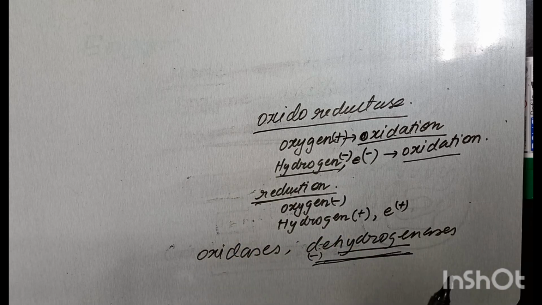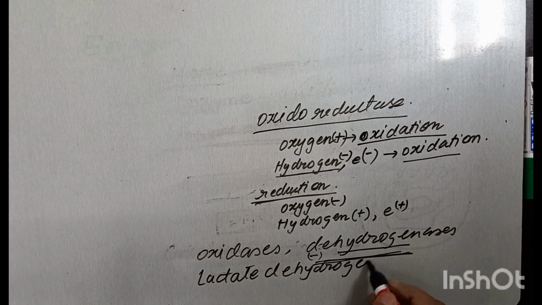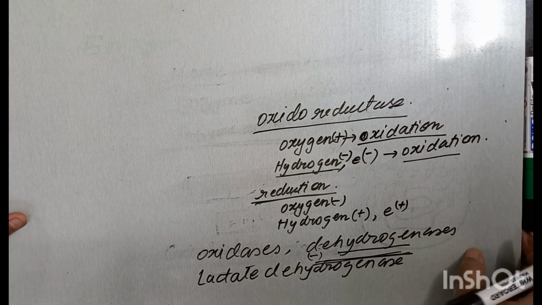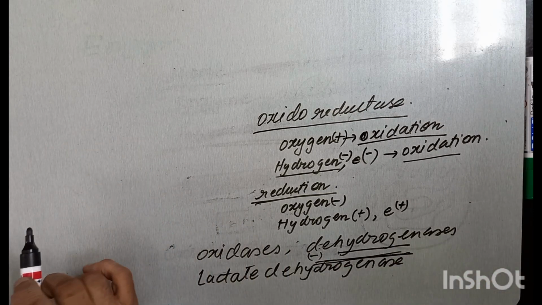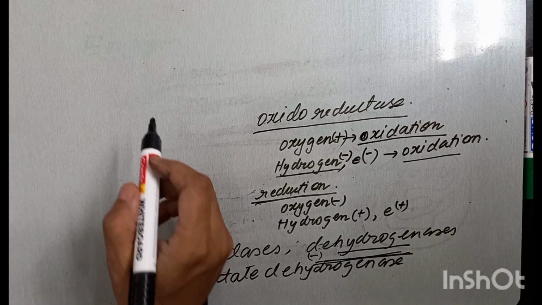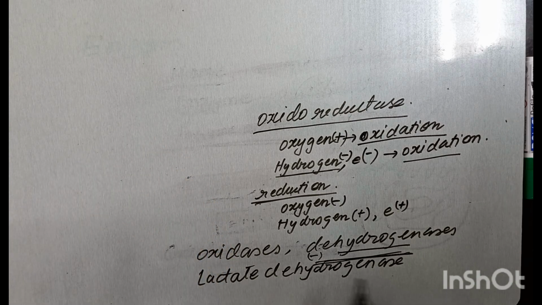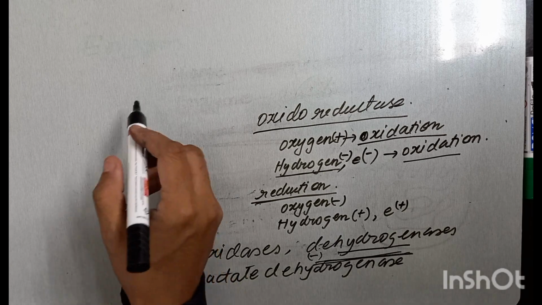So an example of a dehydrogenase is lactate dehydrogenase. Let's see what it does. I draw a molecule of lactate, and with lactate dehydrogenase the product is pyruvate.